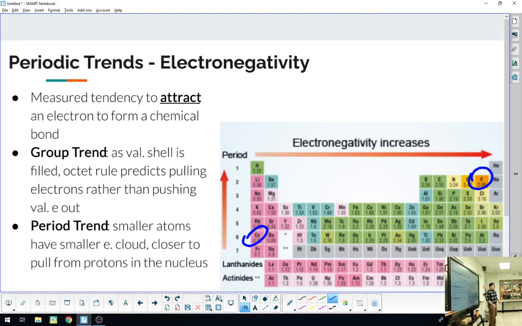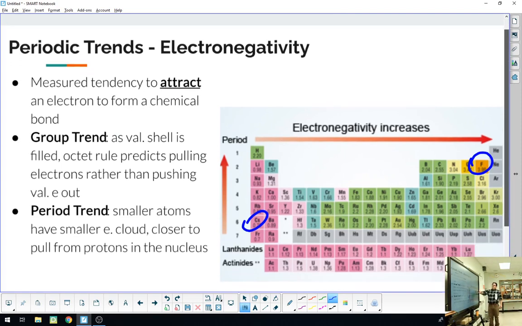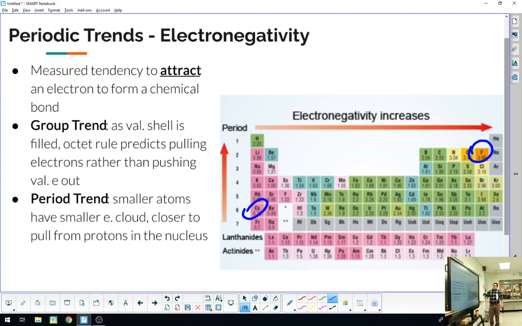But this is actually the last note of written slides. So as we go across the right, those atoms want electrons more and more and more. As you go up, they want electrons more and more and more. Let's ask the question, why does iodine have a lower electronegativity value than fluorine?